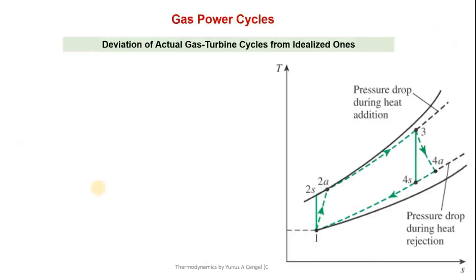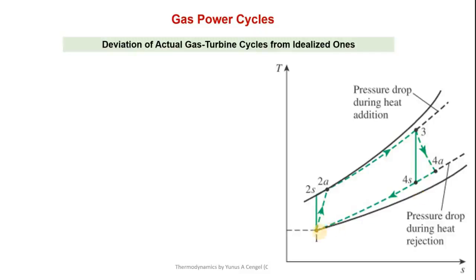Next, we shall now see the actual gas turbine cycle. So far we have seen the ideal gas turbine cycle. Just like in the steam power cycle, the actual cycle will differ from the ideal cycle due to irreversibilities in various processes, as shown here.